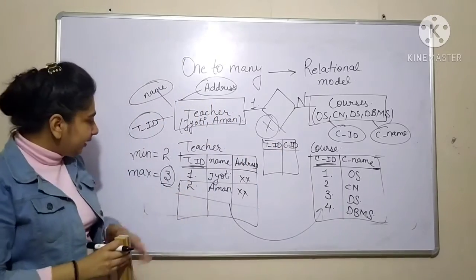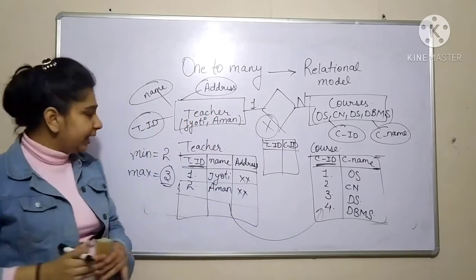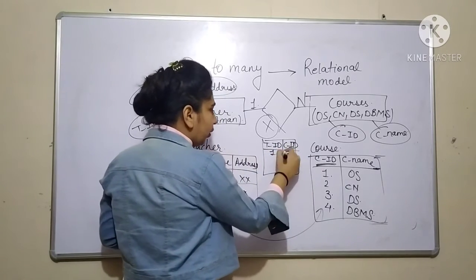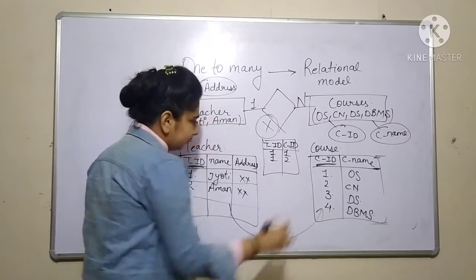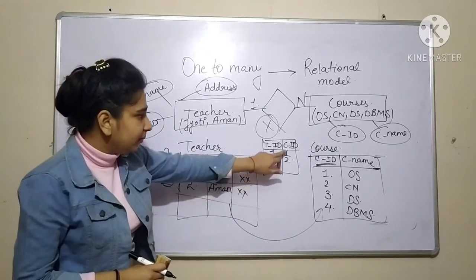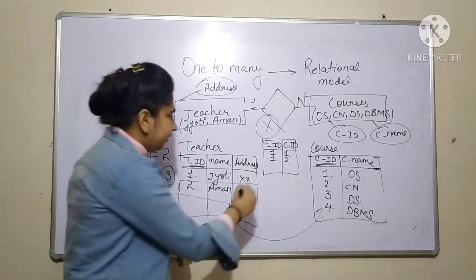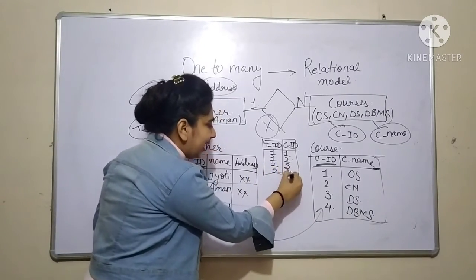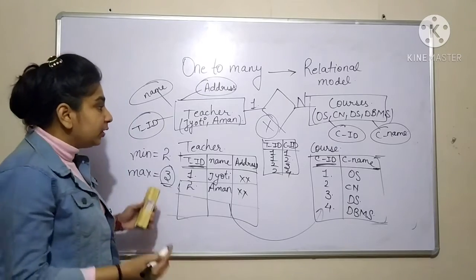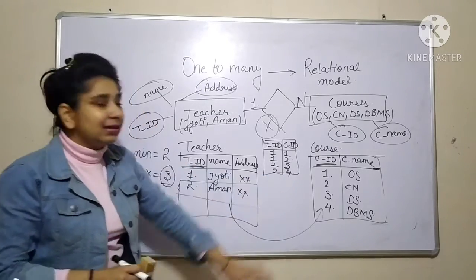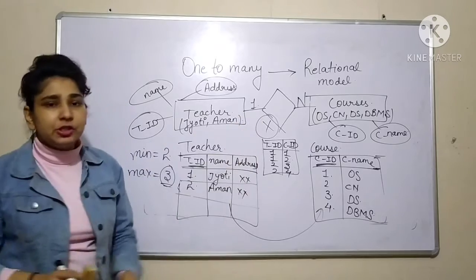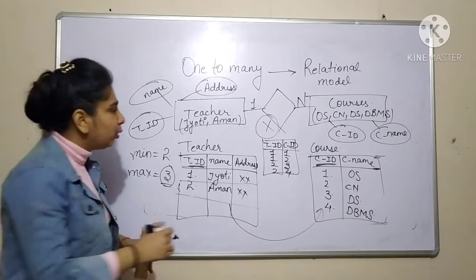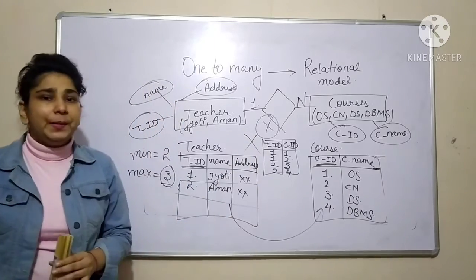So teacher ID 1 is related to course 1. Teacher 1 is teaching both these courses. Teacher ID 2, Aman, is teaching data structure and operating system. So this way you will be making the third table for the relationship, if you have to make it. But we don't prefer to make a separate table for the relationship.